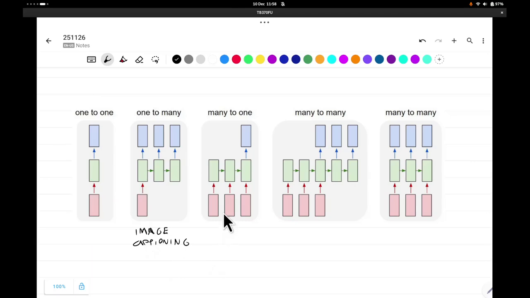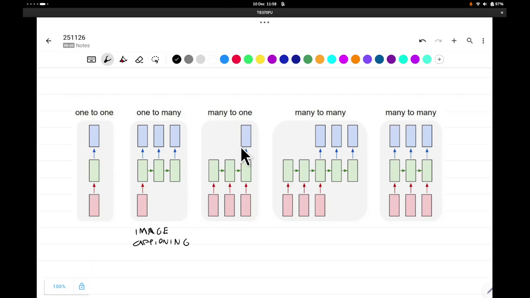Then you have the many-to-one. So in general, here you input a sequence, and you want to just get a single output, a classification.